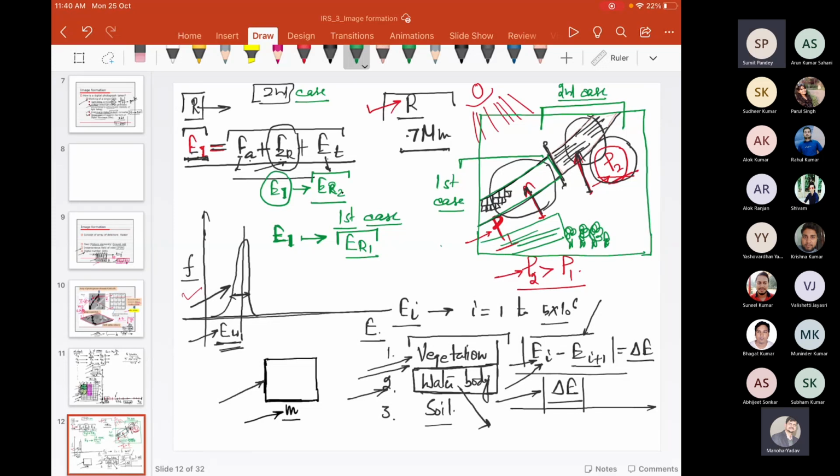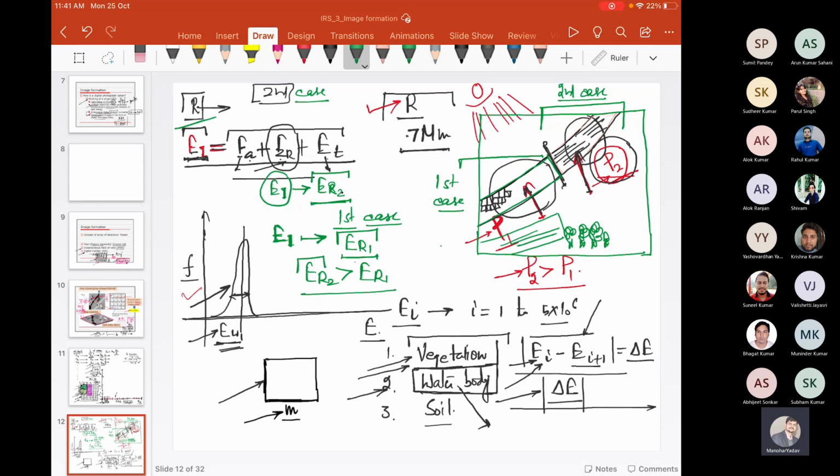So in the second case, we have component ER2, the reflected component, while in the first case, we have ER1. And in the red spectral band, ER2 is more than ER1. Why is it so? Because due to the presence of soil particles, the reflective capability of turbid water is more compared to clear water.